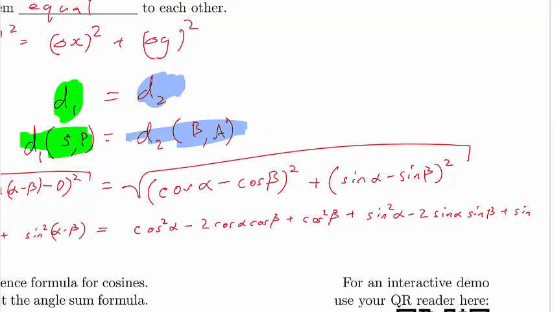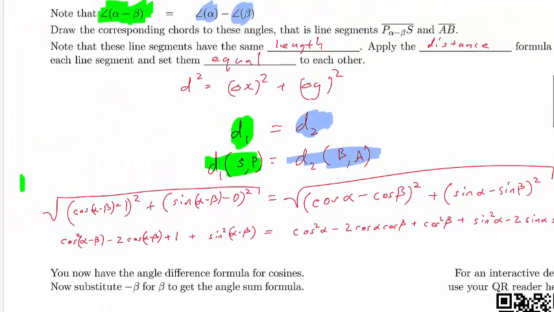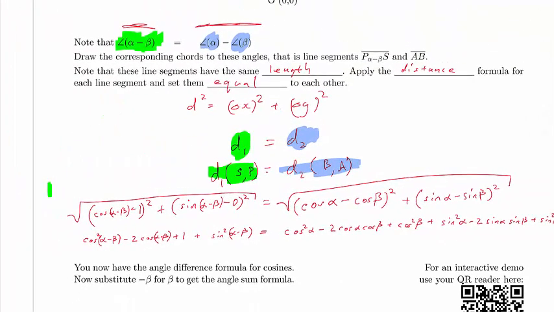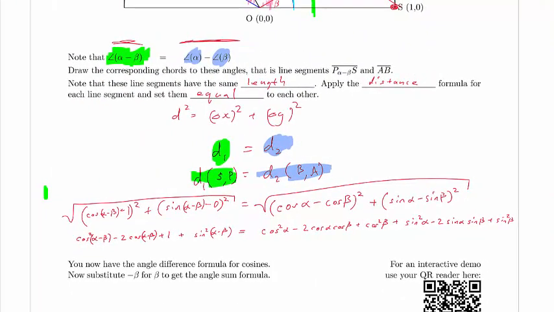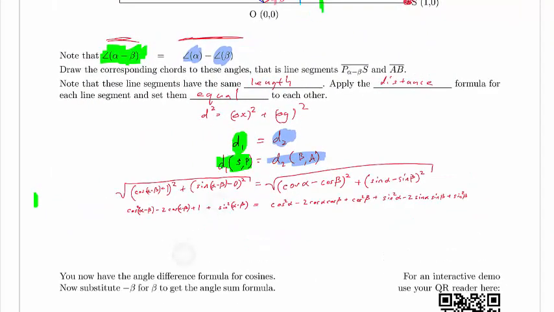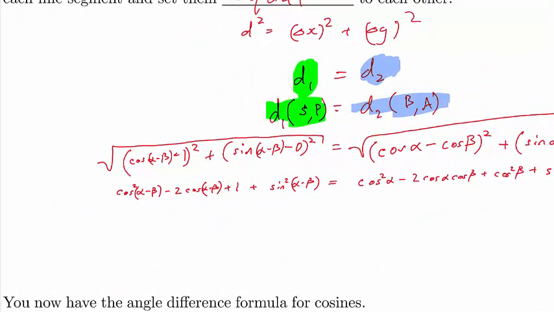Plus sine beta squared. Okay, good. All right, let me go ahead and make a little more space for myself right here. And we're going to do some rearranging here in a way that'll make a few things make a little more sense.